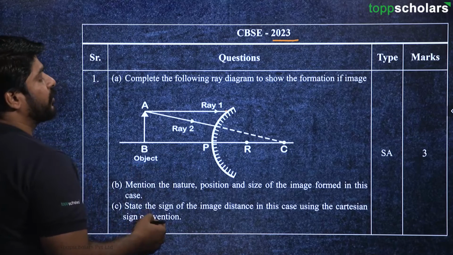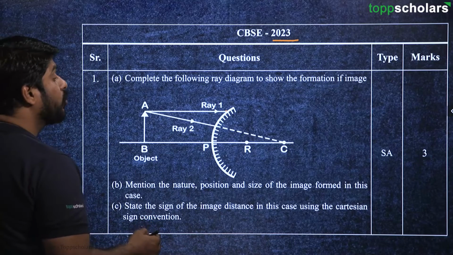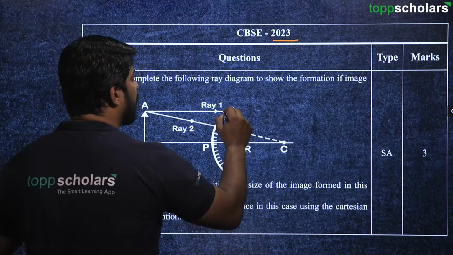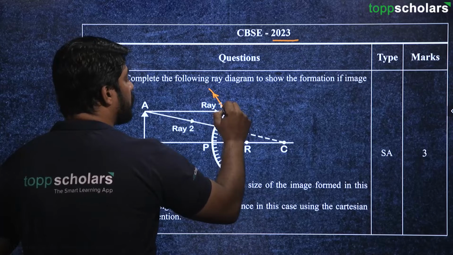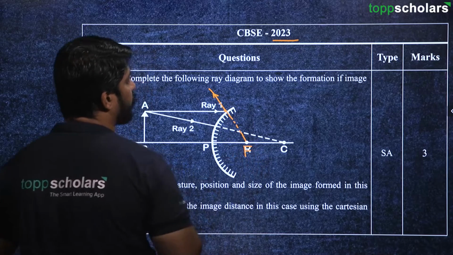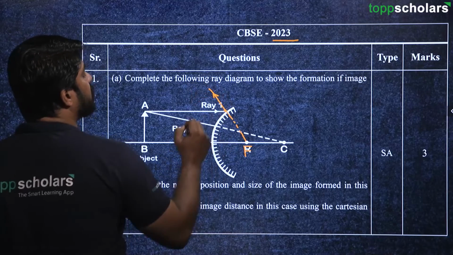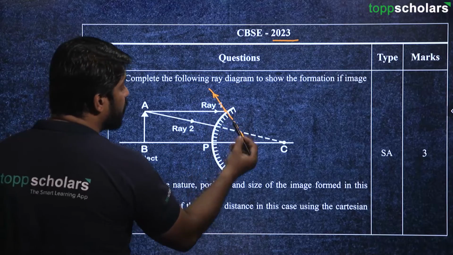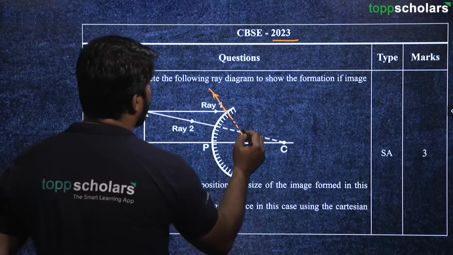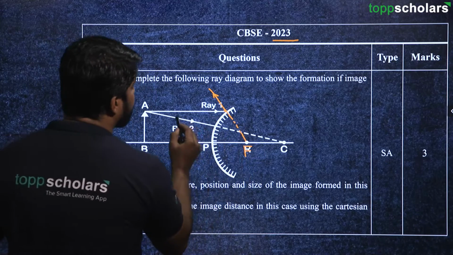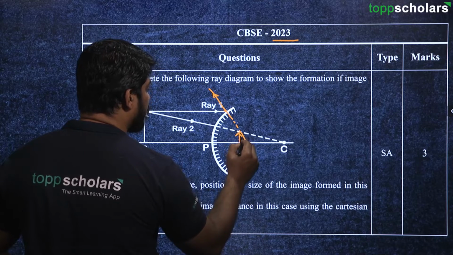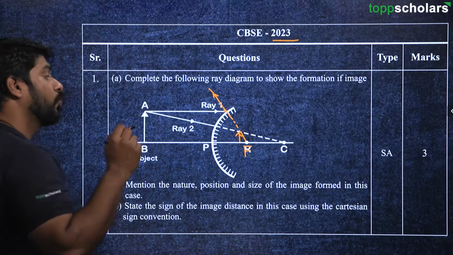So we know what happens. The ray which is parallel to the principal axis diverges in such a way that it appears to be diverging from F. This is F. So this is how it is going to be, and since these two rays are meeting here, the image of this object will be formed at this particular position.